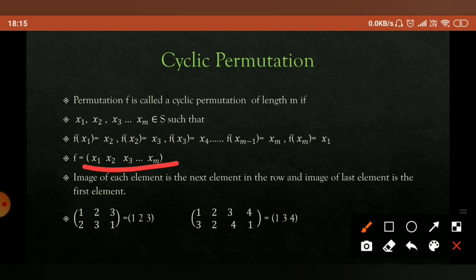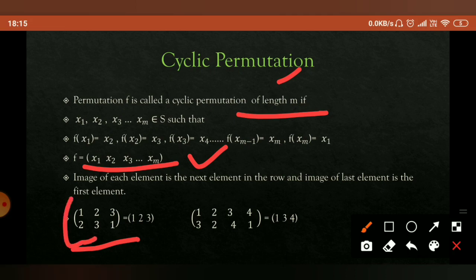Now here we have taken m elements, x1, x2 up to xm. So this is known as a cyclic permutation or a cycle of length m. The number of elements in a cycle is called its length. Now this is the example that we discussed earlier: if the image of 1 is 2, and the image of 2 is 3, we can write it in this way.